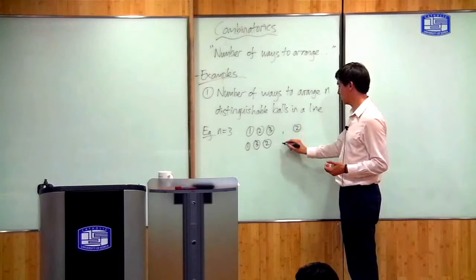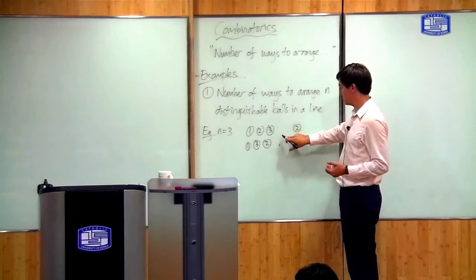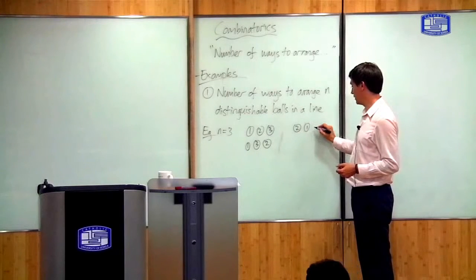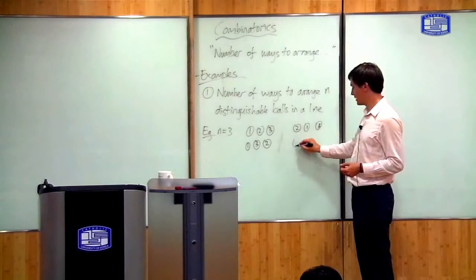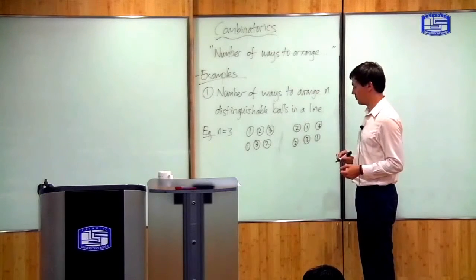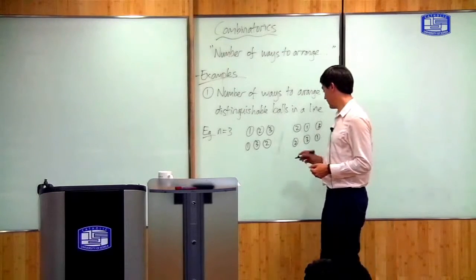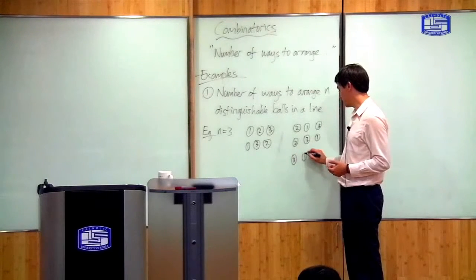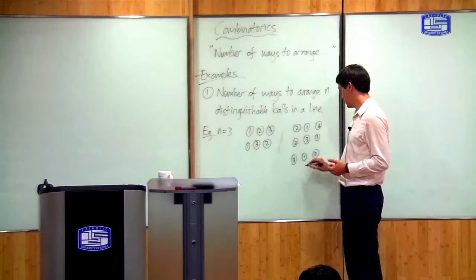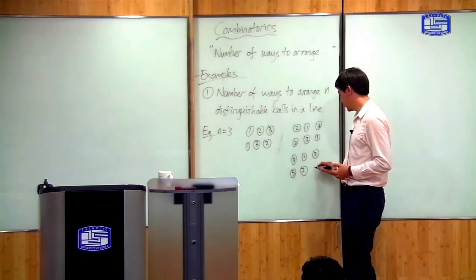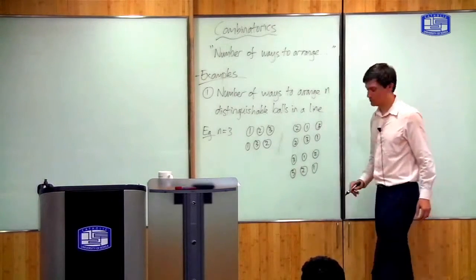So I could do ball 2 and then ball 1 and then ball 3. Or I could again swap around ball 1 and ball 3, giving ball 2, ball 3, ball 1. And then finally, instead, I could decide to start with ball 3. So I could do ball 3, ball 1, and ball 2, or ball 3, ball 2, and ball 1.